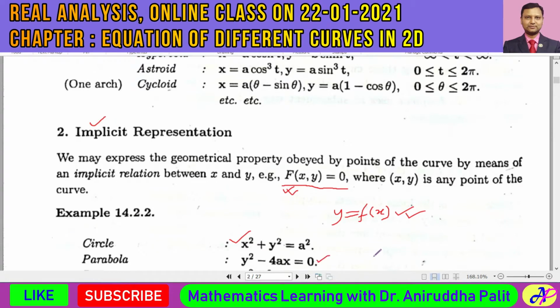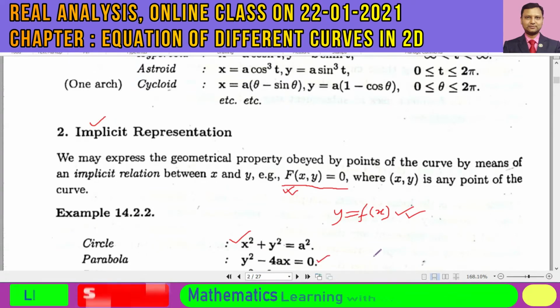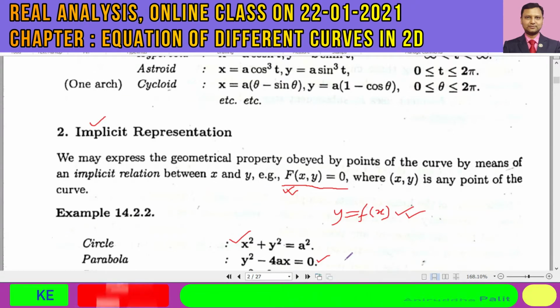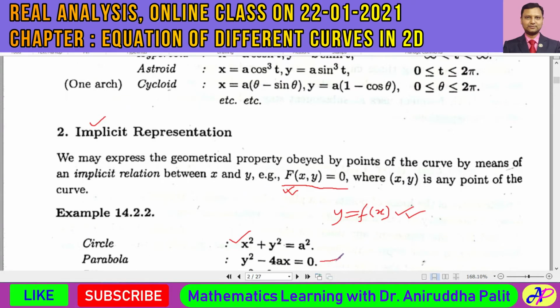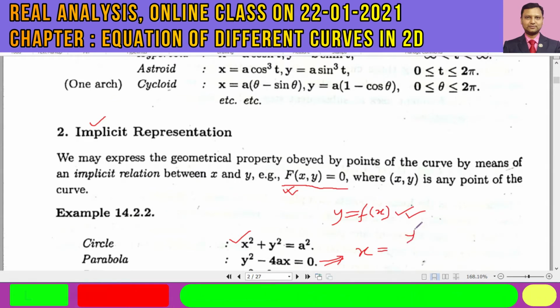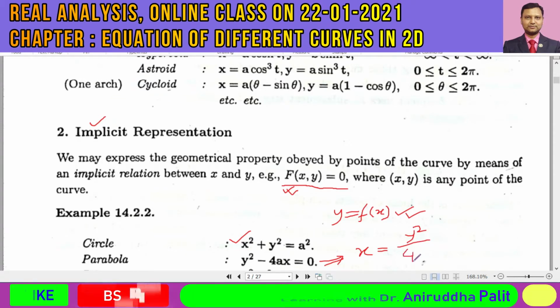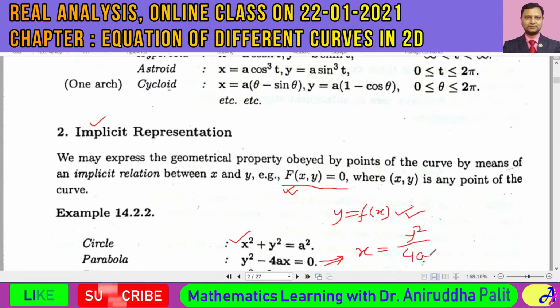Over here, this is the equation of a parabola: y square minus 4ax is equal to 0. And you see this equation can be written in this fashion, that x is equal to y square divided by 4a. Got it?